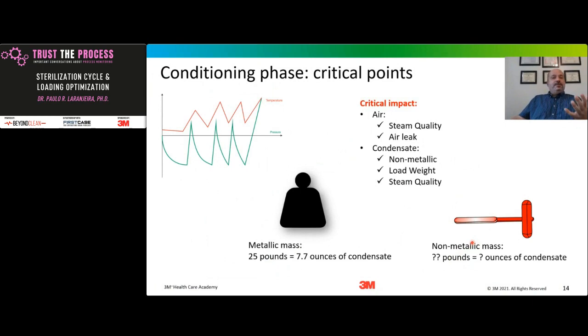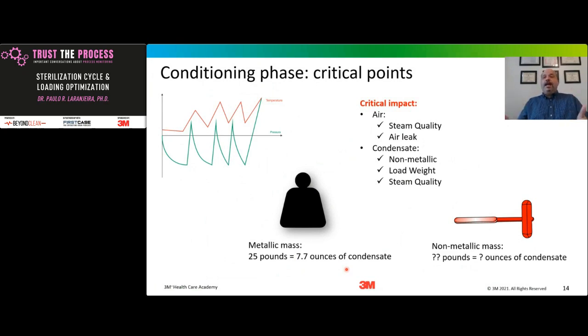It's easy to see that 25 pounds of non-metallic will create more condensate than metallic. Therefore, and this is something for the standards committee to work on, we don't have that instruction today. We don't have that added to the IFUs, but we need to do that assessment.